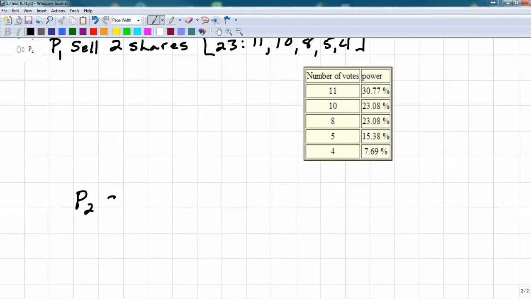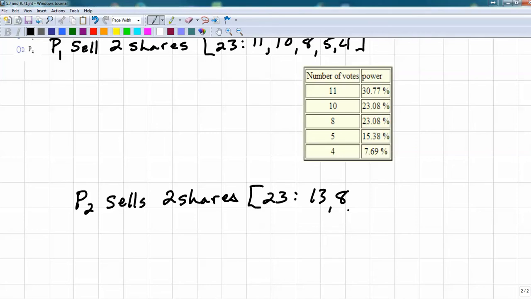And our new coalition looks like this: 23 colon 13, 8, 8, 5, 4. Okay. Now, once again, we type this into the calculator. We go ahead and calculate, and we end up with this information here.